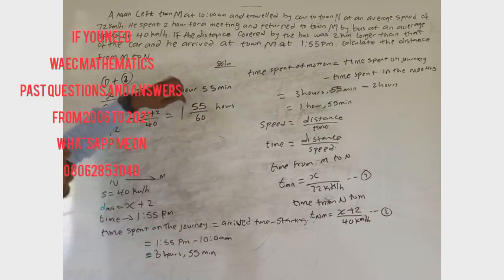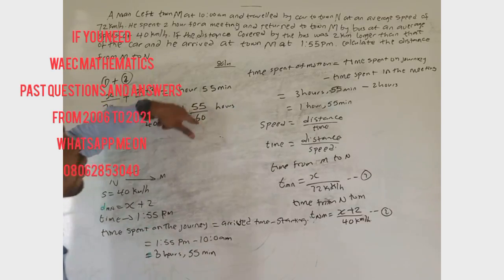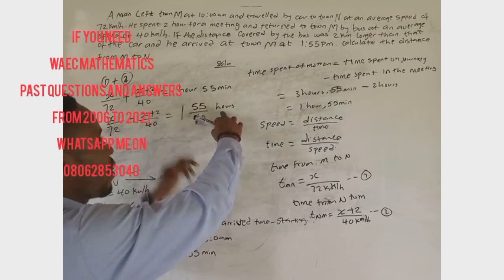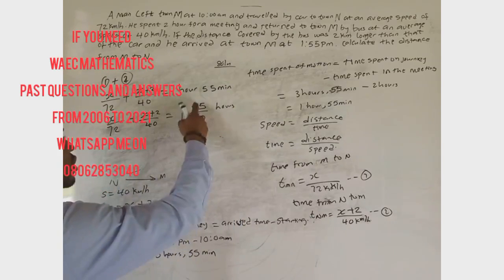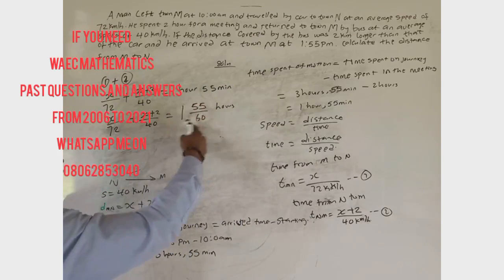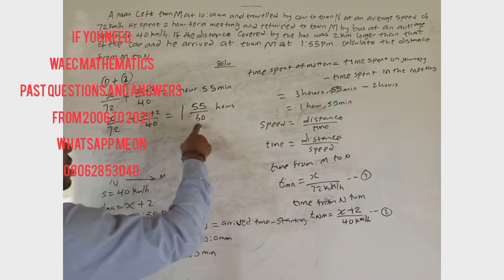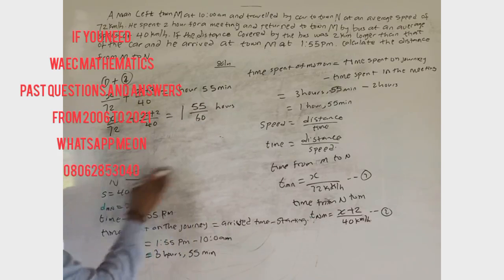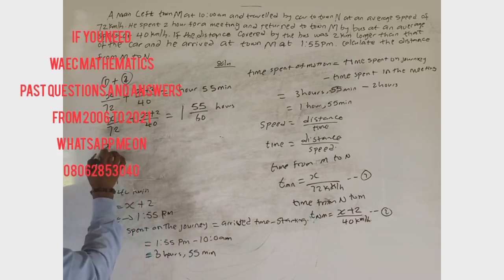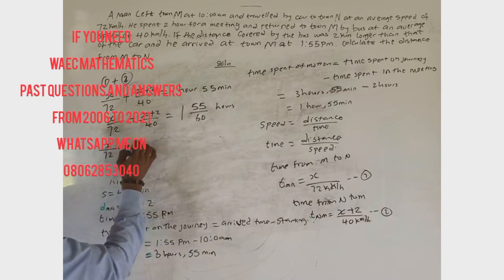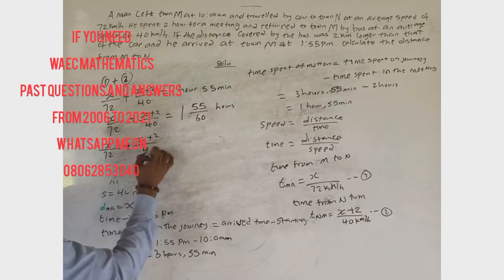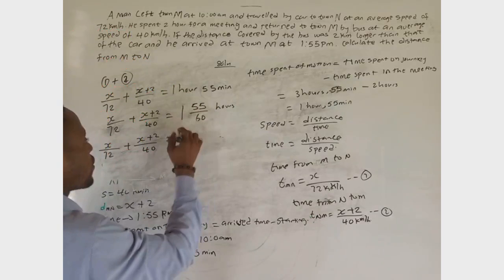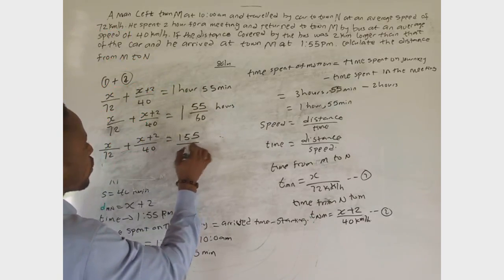Let's convert this into minutes: 60 times 1 plus 55 gives 115. So here you have S over 72 plus S plus 2 over 40 equal to 115 over 60.